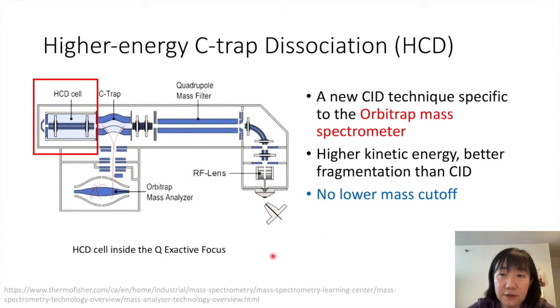The kinetic energy of the ions is higher than in traditional CID, so it can fragment better than CID. HCD does not have the limitation imposed by an RF trapping field, so unlike conventional CID, HCD does not have a low mass cutoff. Better fragmentation, no low mass cutoff. These two advantages have made HCD a robust tandem mass strategy for quantitative proteomics.